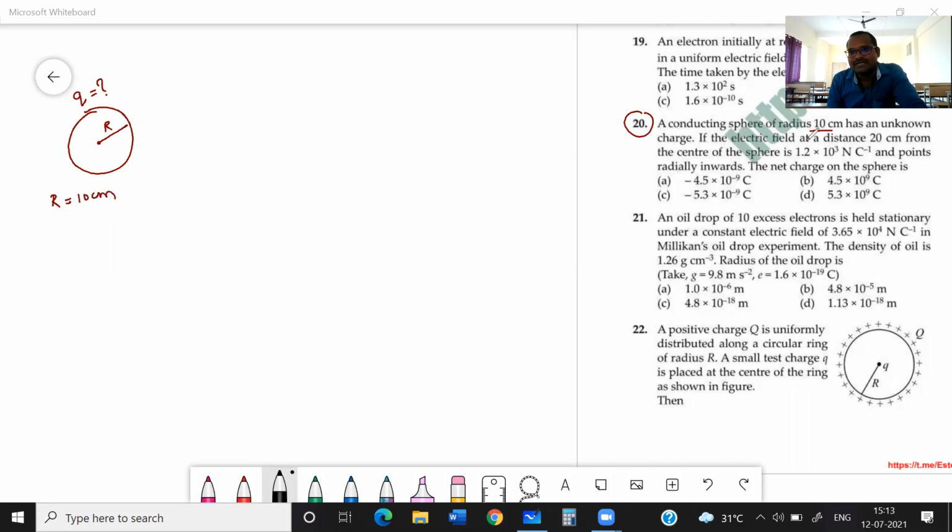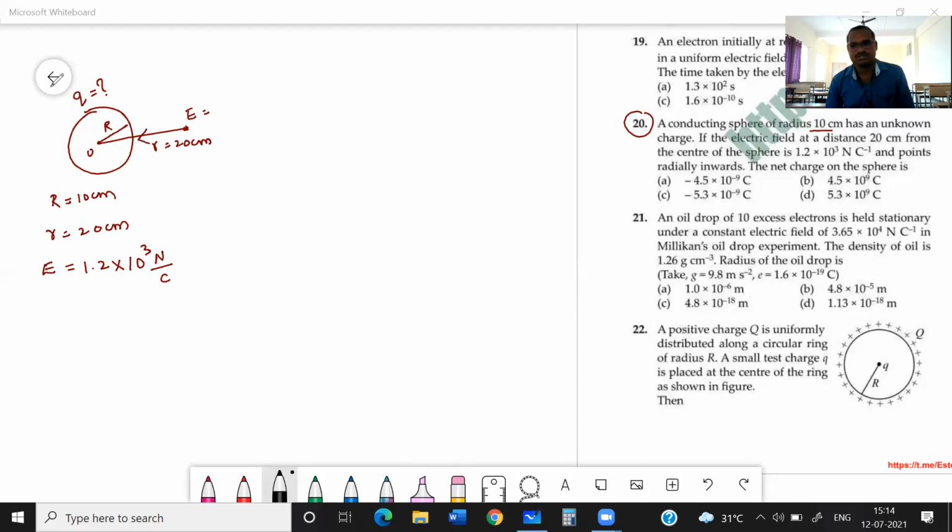Now, the electric field at a distance of 20 centimeter from the center of the sphere is given as 1.2 into 10 to the power of 3 Newton per Coulomb. Clear? And they are saying that the electric field points radially inward.